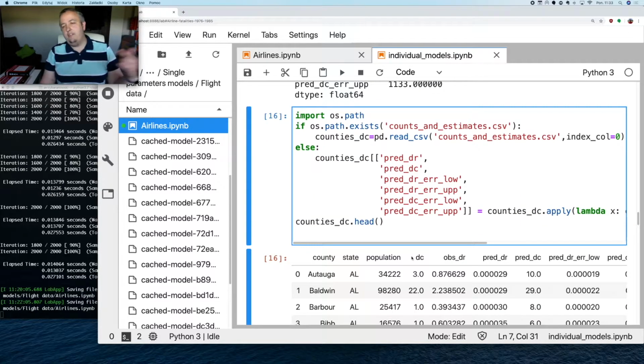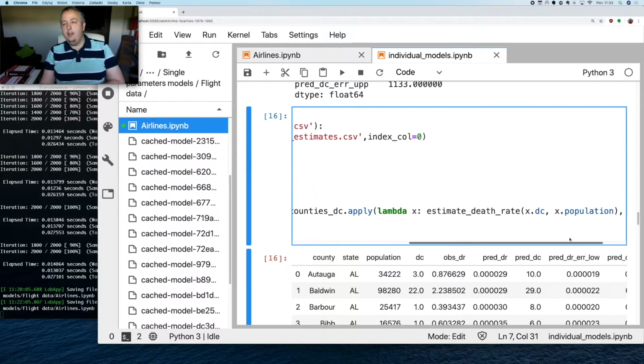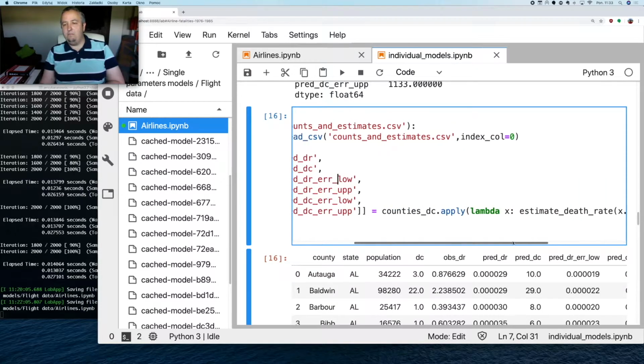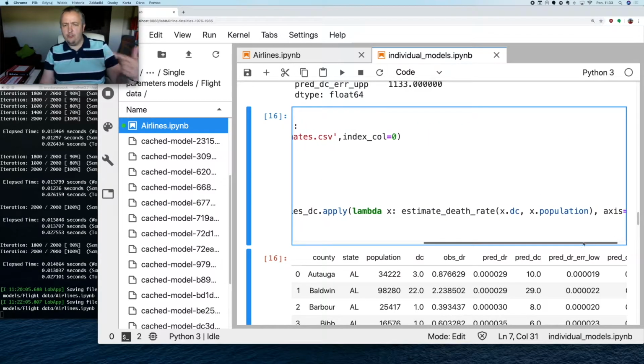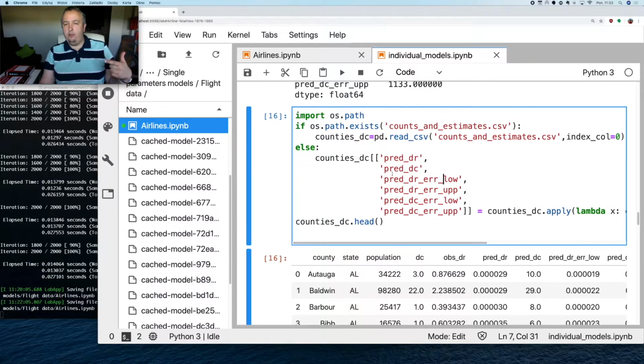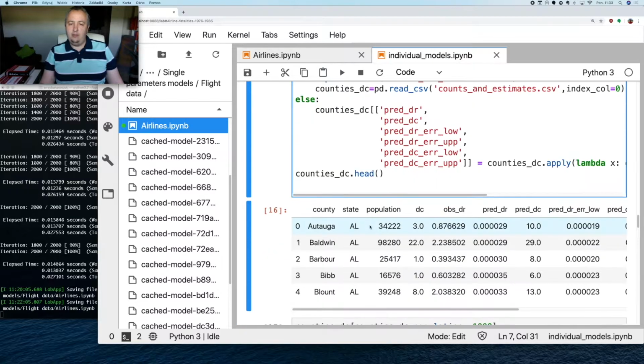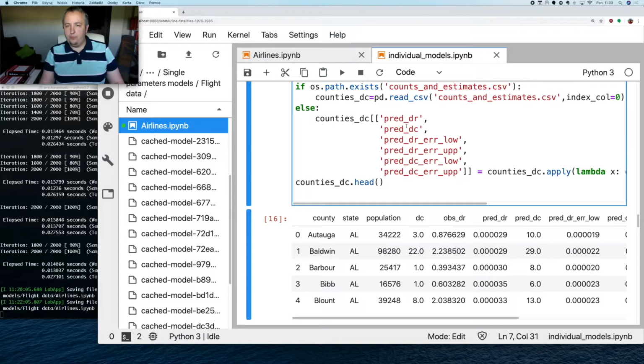So it will just take values from our data frame, and for each row it will perform the appropriate computation and append the right columns here.